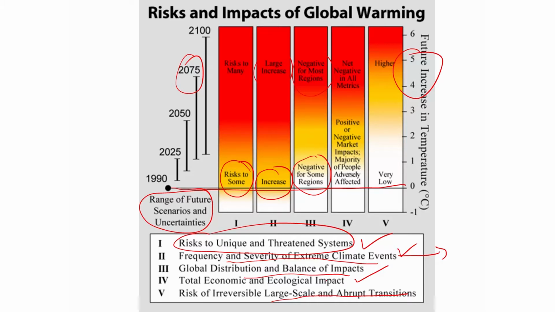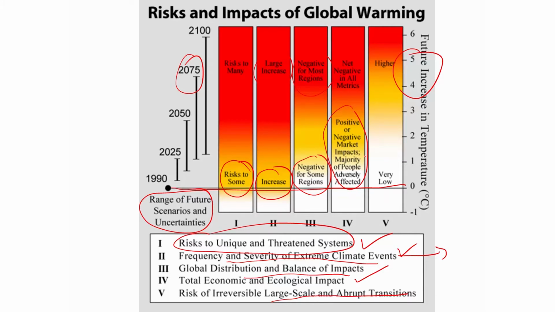Ecological and economic impacts may be positive or negative in terms of market impacts, but already the majority of the people are adversely affected. There are many measures by which this is done, but if you look at the recessions and how they propagate through the system, how wages don't grow, how wars spread, and how conflicts begin to spread and become interlinked and so on.